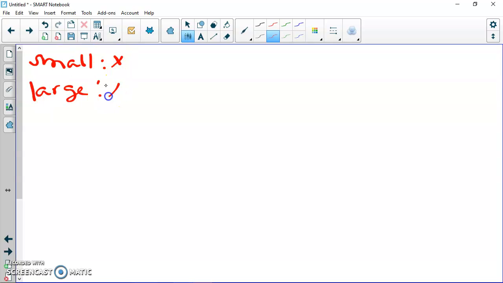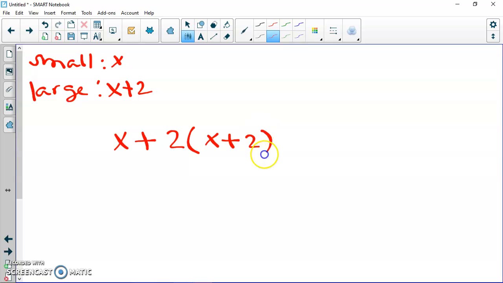So x and x plus 2. The sum of an even integer, so this one, our first one here, x, and twice the next. So 2 times the second one is the same as the difference between 5 times the greater and 14.